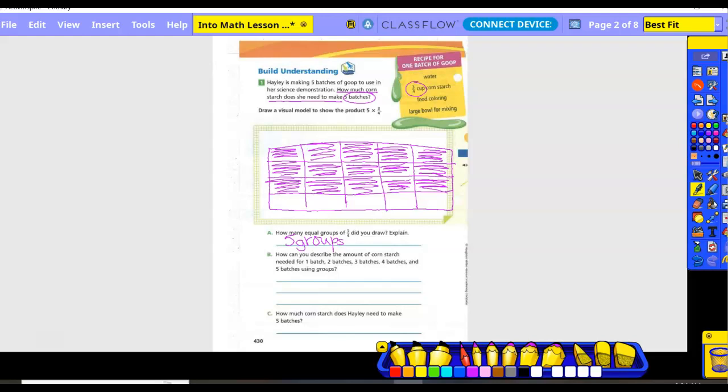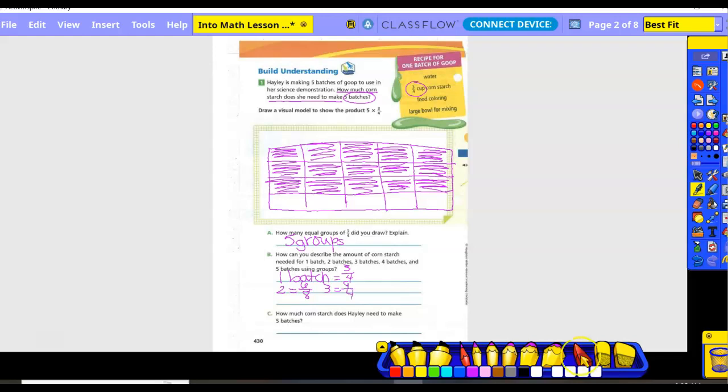So one batch needed how much, guys? 3/4. Second batch needed what? What's 3/4 plus 3/4? 6. Does the denominator change? 6/4. Okay. How much does the third batch need?